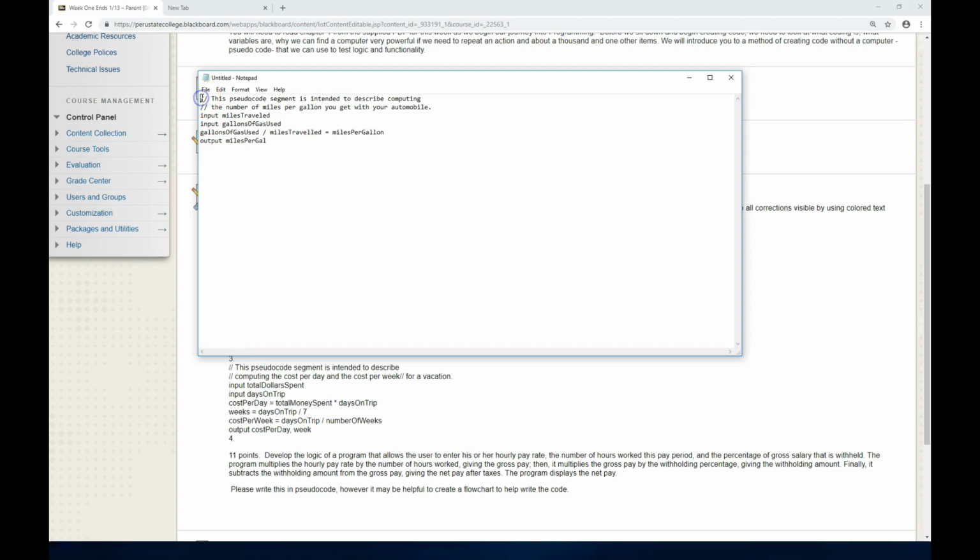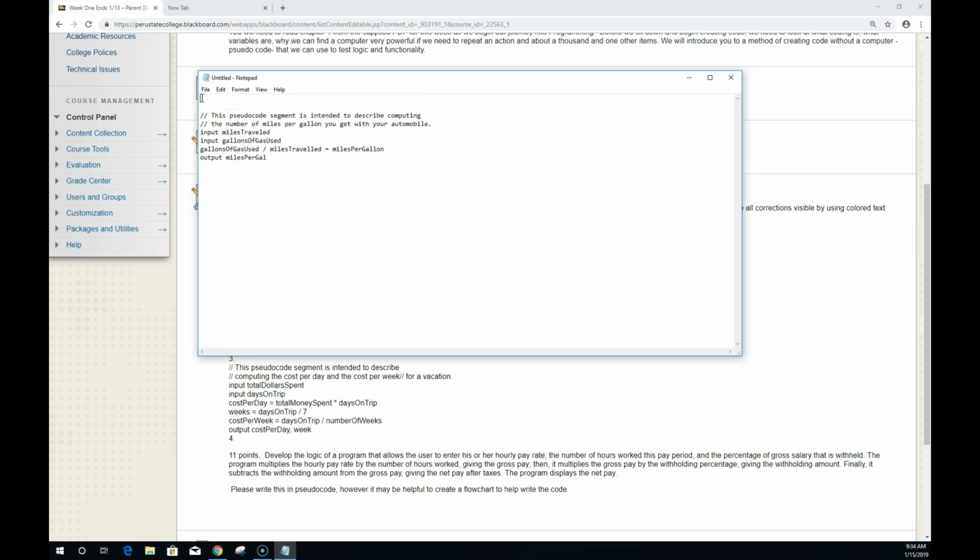So what's the first thing that stands out in this problem? Just to get in the habit, we're going to put a start and stop, some kind of terminator connector, some way we know. I don't know if Notepad will do this anymore.